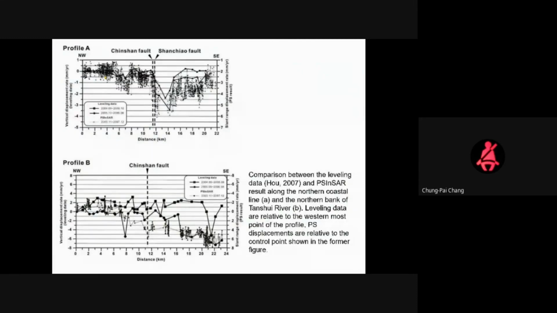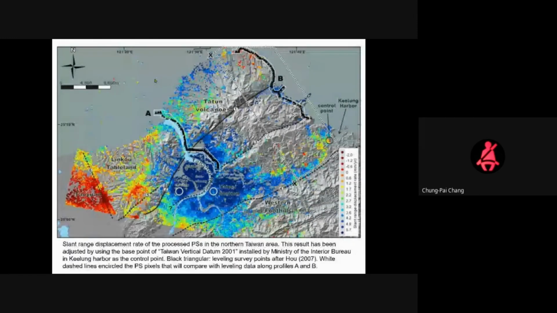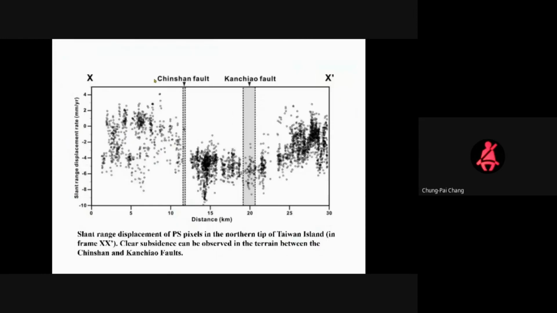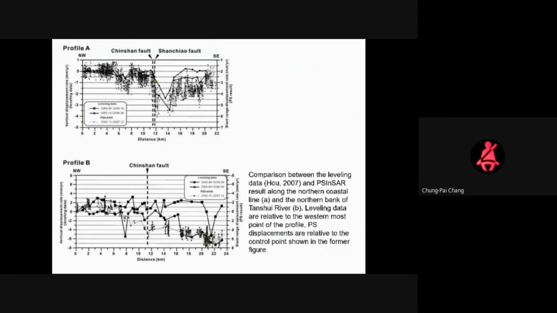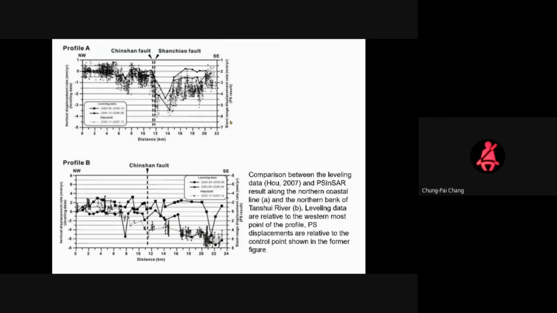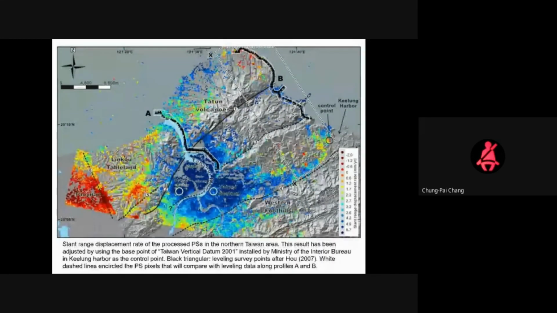All these dots, these points are our result. Now let's come back to this one. Let's check firstly line B. This is a leveling result.